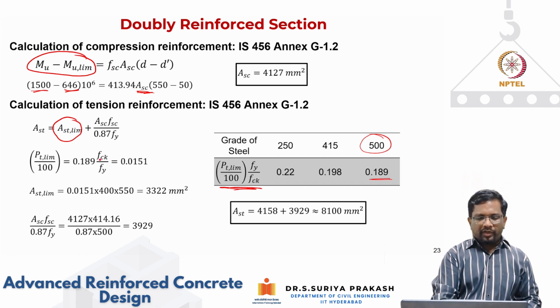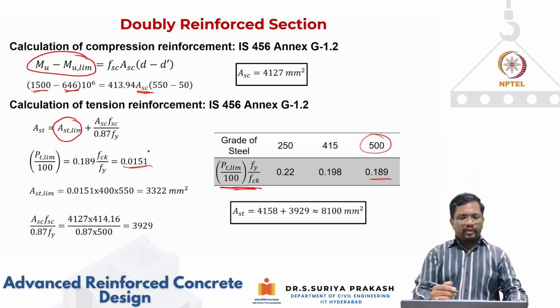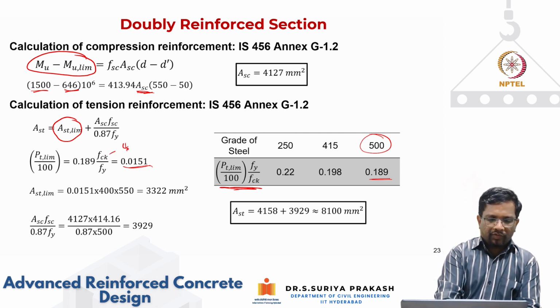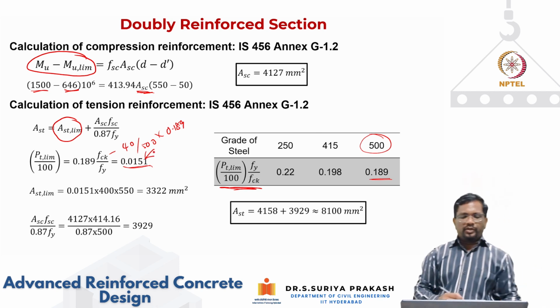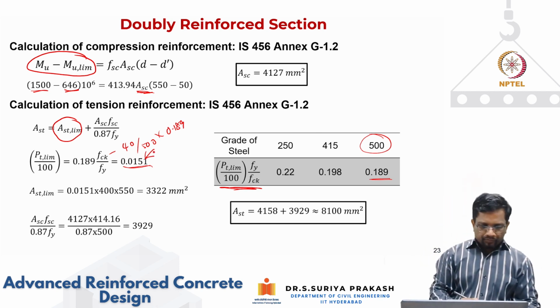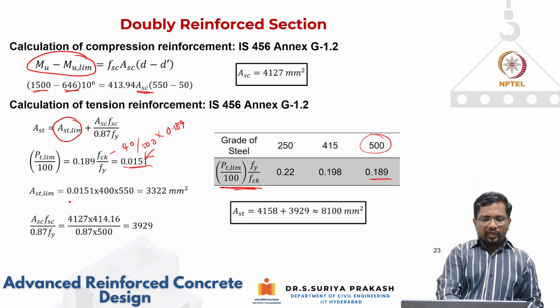So 0.189 fck by fy gives me 0.0159, because fck is 40 and fy is 500. So when I divide and multiply by 0.189, you end up with this value, which is 0.0159.